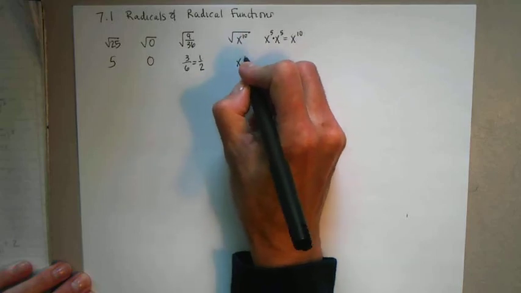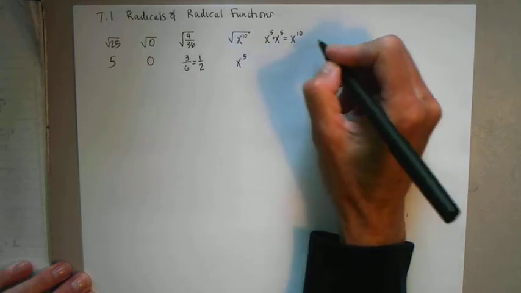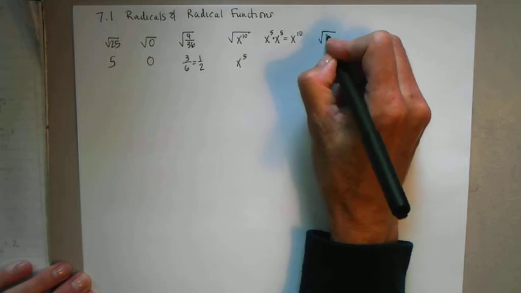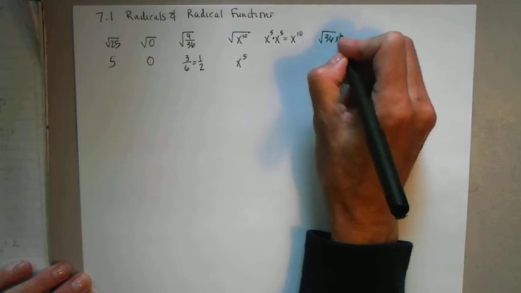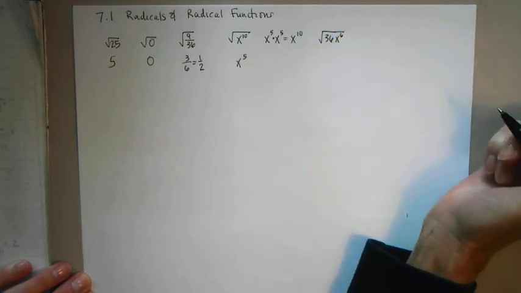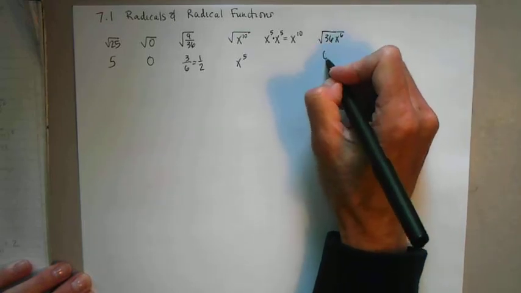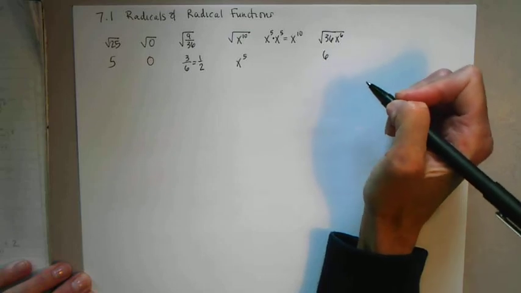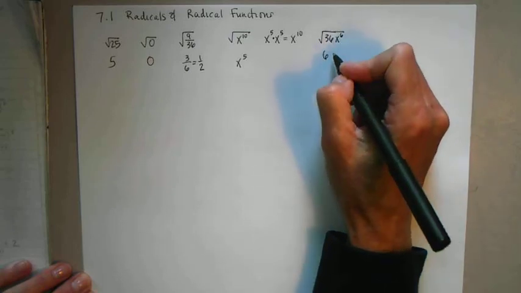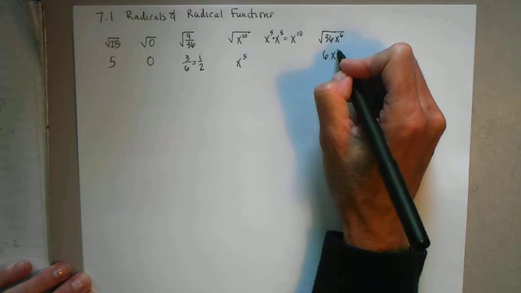So I have x to the 5th. What if I gave you the square root of 36x to the 6th? Well, we take the square root of the coefficient and then the square root of x to the 6th. And the square root of x to the 6th is x to the 3rd.